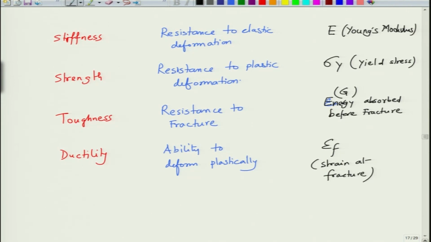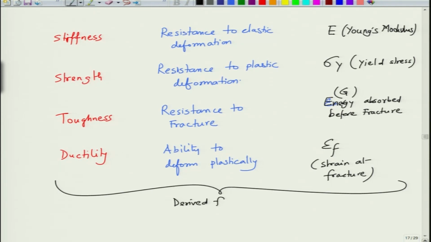These are the four main primary properties that you derive from a tensile test.